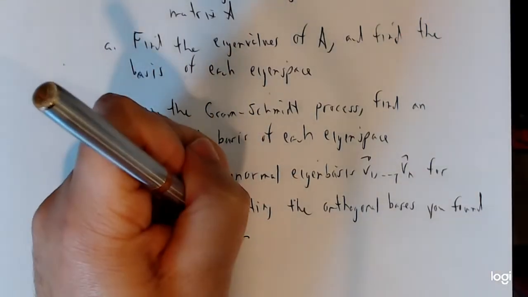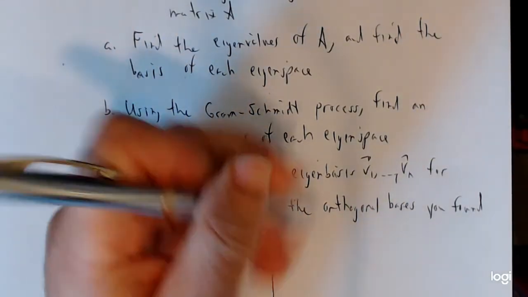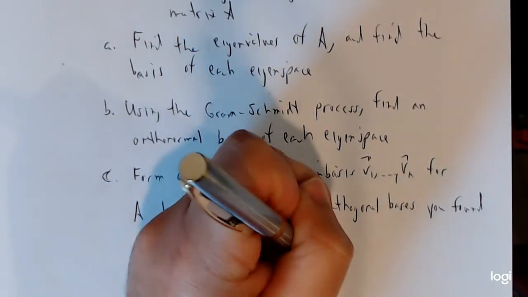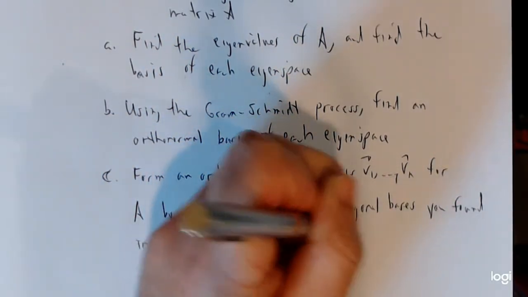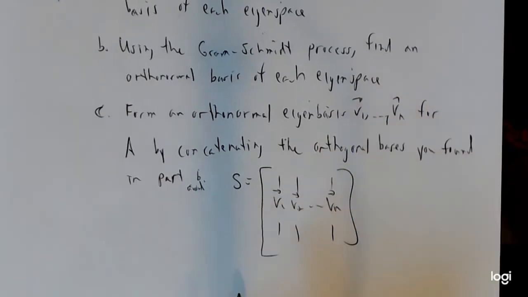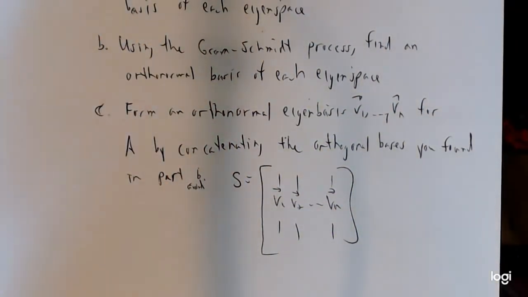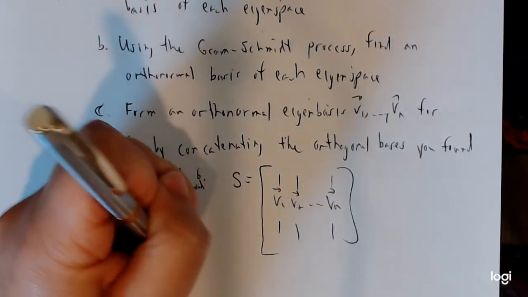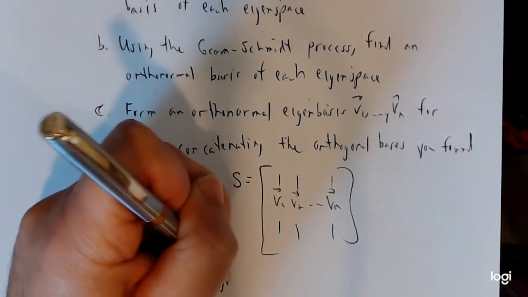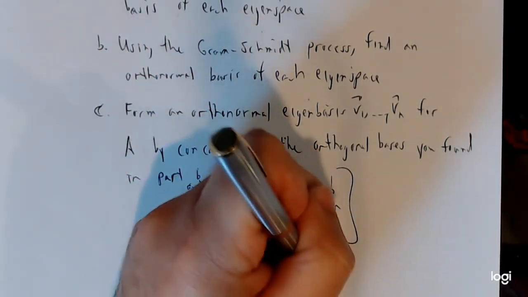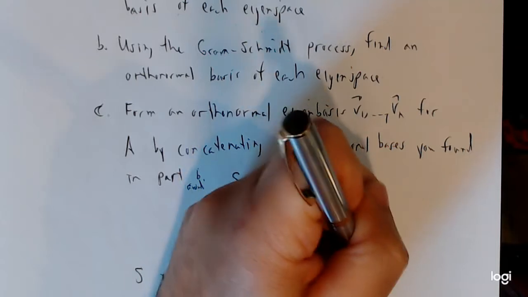So, and S, what is S going to be? It's just going to be filled with all my eigenvectors. Okay, so there is S basically, right? So that's what's going on here. So we know that then once we do this, we know for a fact that S is orthogonal and S inverse AS will be diagonal.